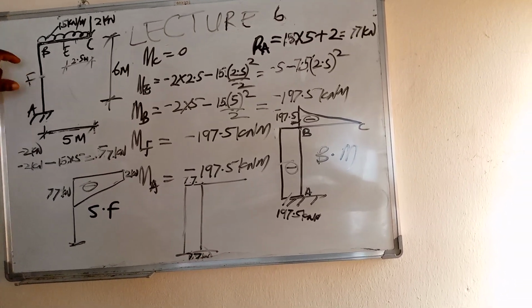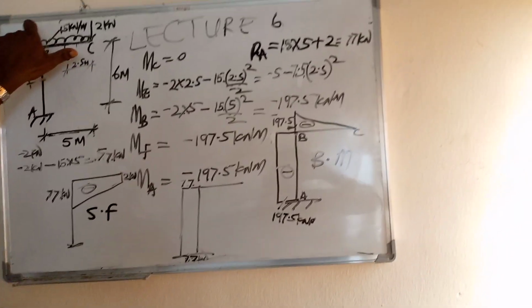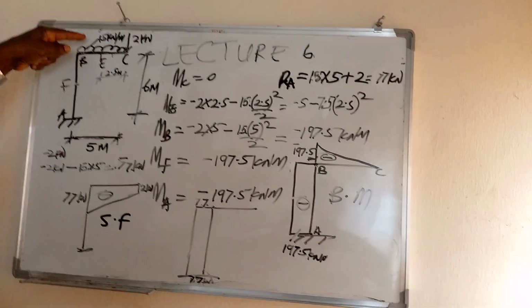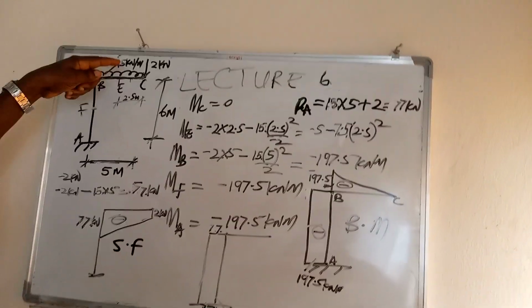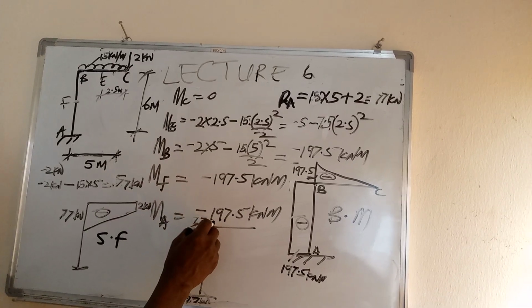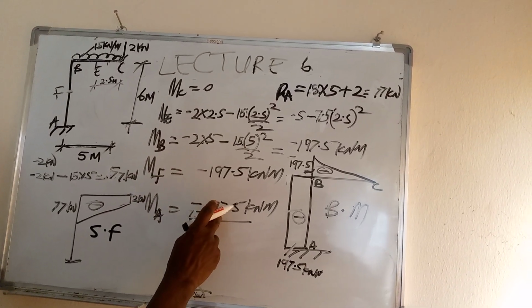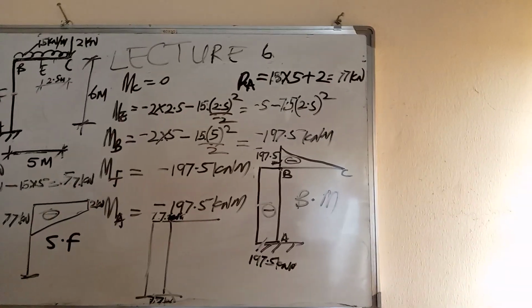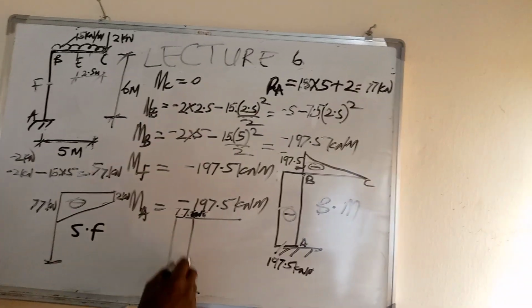The force in BA is normal force, which is the whole forces. It's like a column carrying the whole forces, which is 15 times 5 plus 2, which is 77 kilonewton. And it was the same thing throughout member BA.